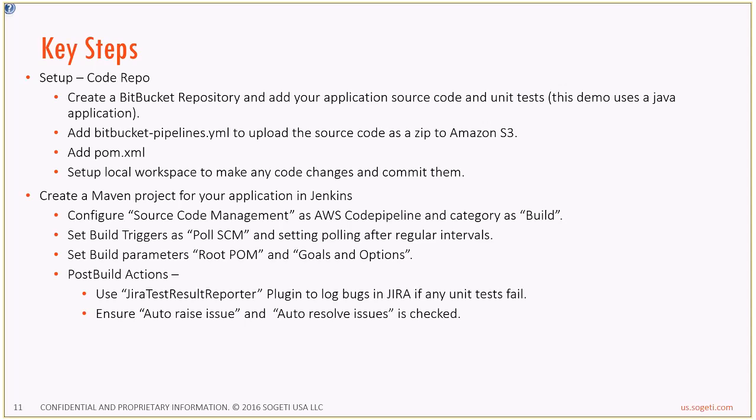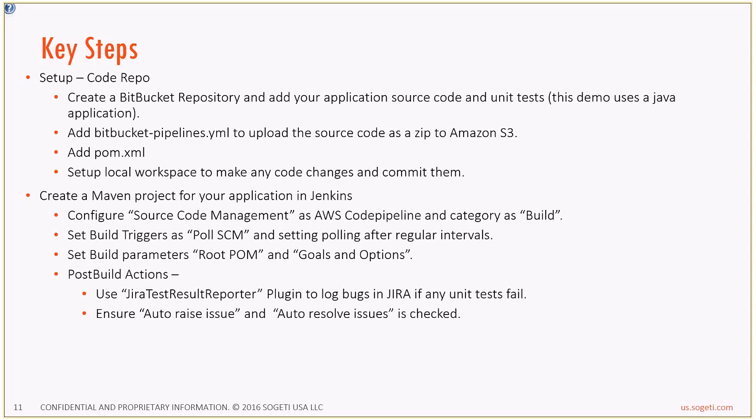First is auto raise any issues, and second is auto resolve any issues. So this essentially helps us in creating issues within JIRA if any of the unit tests fail, as well as this same plugin in subsequent runs.